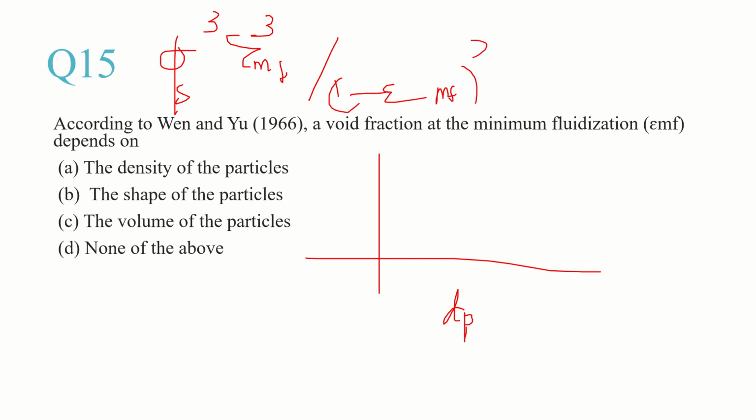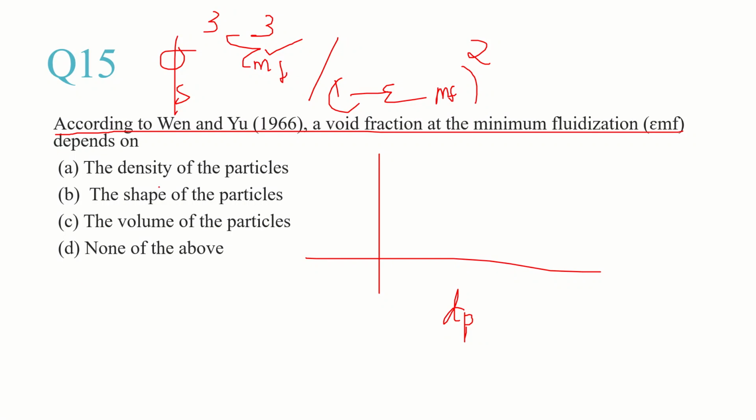So, according to their correlation, in order to get the epsilon mf, we need to know the phi s and the dp. So the question here is, according to Wen and Yu 1966, the void fraction at minimum fluidization depends on what. In this, it depends on the phi s and the dp.